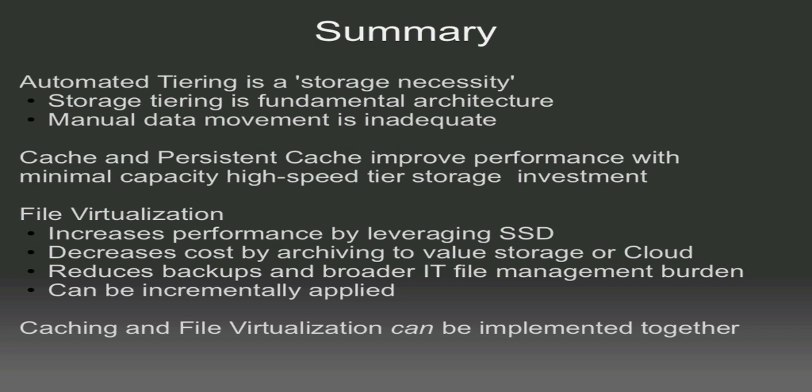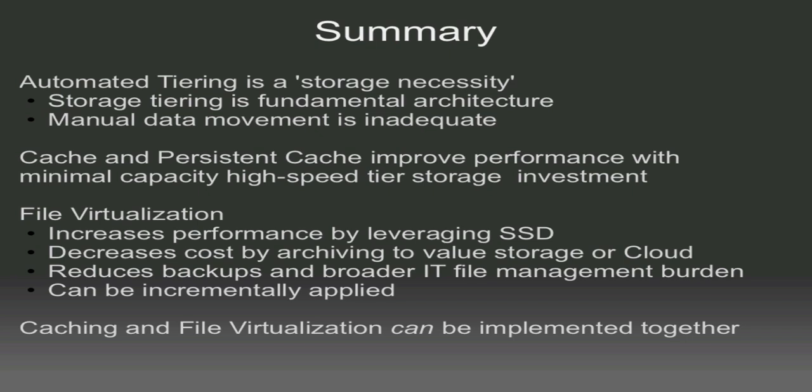Cache and persistent cache can improve performance as a type of automated tiering with minimal high-speed storage investment. But then file virtualization can also increase performance by leveraging SSD. But it also can decrease cost by archiving to a value storage or a cloud-based type of device.